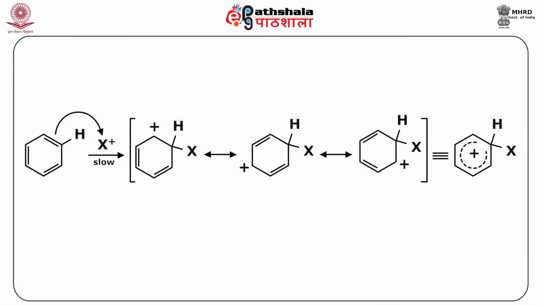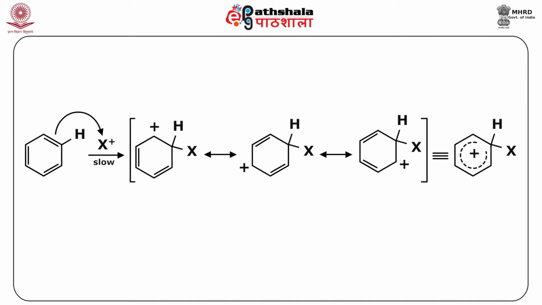The initial step, students, is the attack of an electrophile creating a resonance stabilized carbocation or intermediate called the Arenium ion, as already stated by me, which is also known as Wheland intermediate or a sigma complex.